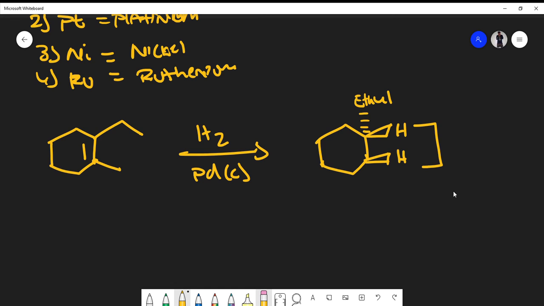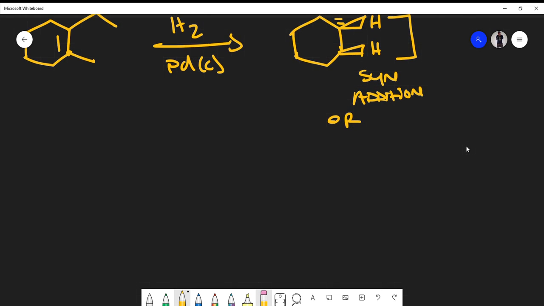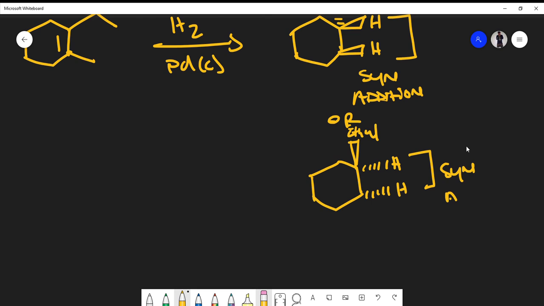So notice that these are on the same side, and this is what we call syn addition. We could also write this where the hydrogens are actually going away from us. Again, it doesn't matter, they're still syn with respect to each other. So either one is correct, there's still syn addition.